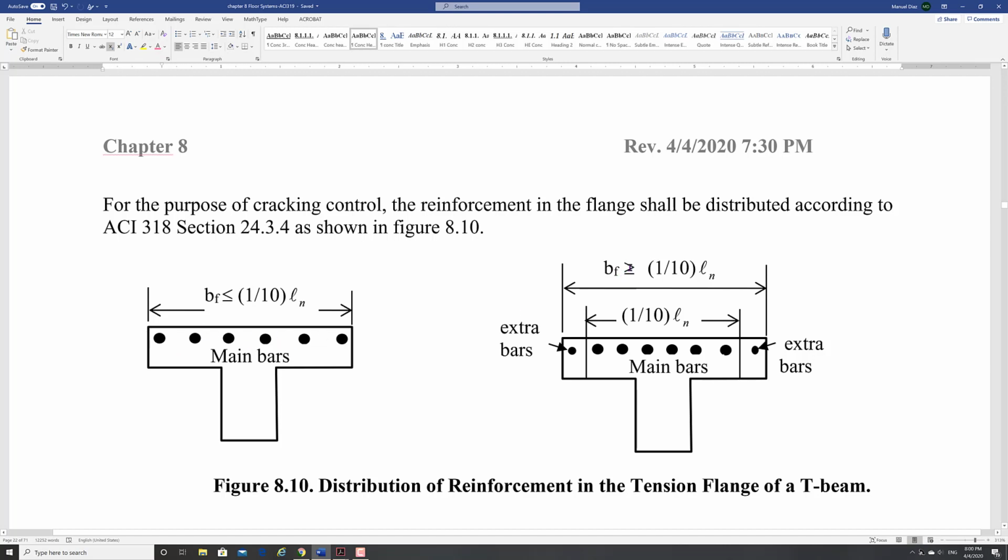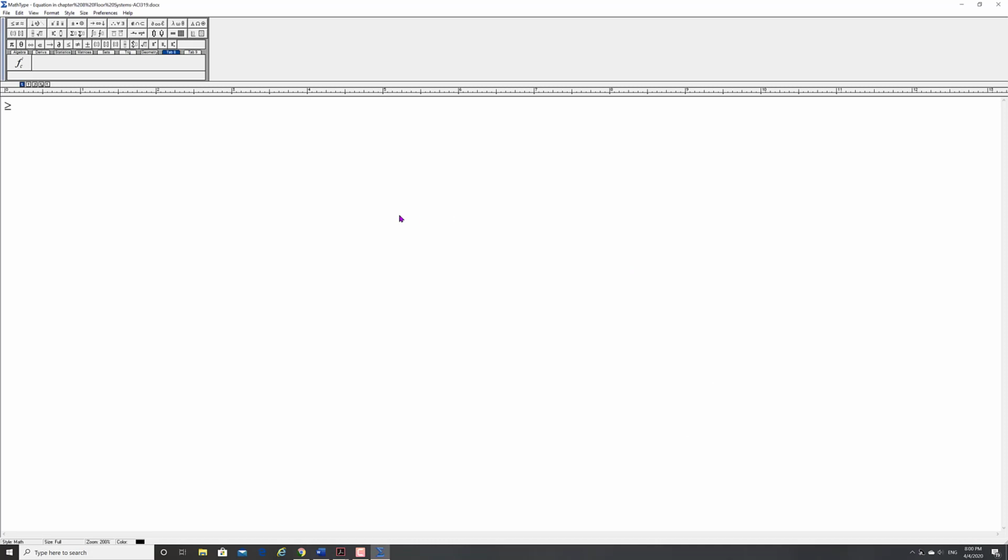If your b_f is greater than 1/10 of L_n, then you will put your bars in a distance equal to 1/10 L_n, and you will add extra bars on the remaining part of your flange.